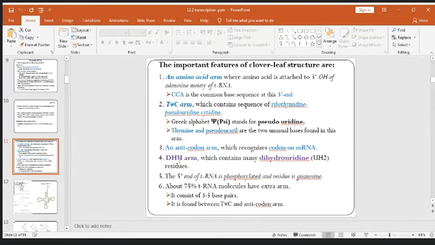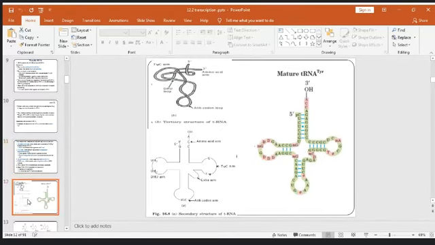So, as it contains much more of the dihydrouridine residues, the 5' end of transfer RNA is phosphorylated and the residue is the guanosine. You can see here the 5' end, phosphorylated guanosine, in our diagram. It looks like phosphorylated cytidine, but commonly it is known as phosphorylated guanosine at the 5' end.